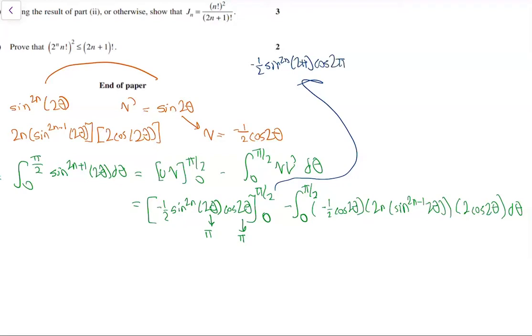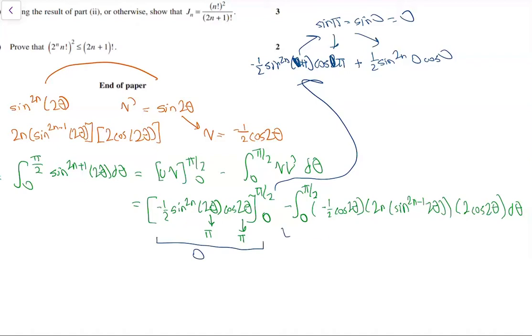Not 2 pi, it should just be pi. And then we have a plus half sine to the 2n of 0 cos 0. So sine of pi and sine of 0 are equal to 0, so the whole expression is equal to 0, so this whole thing is 0.